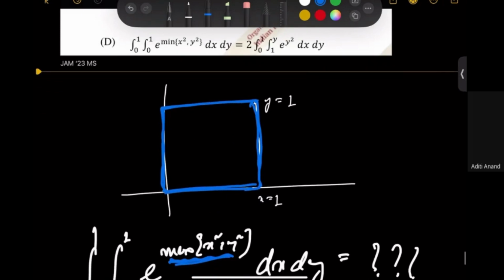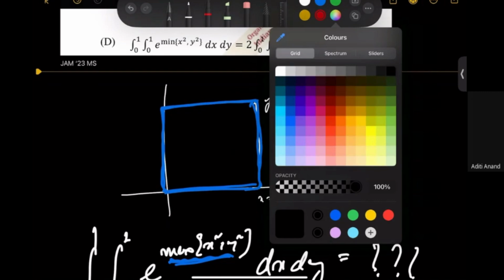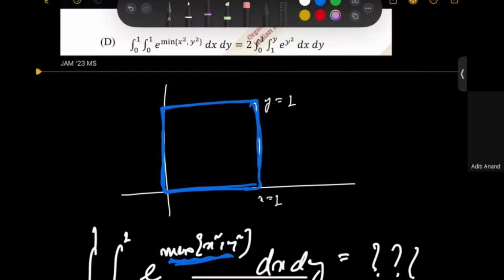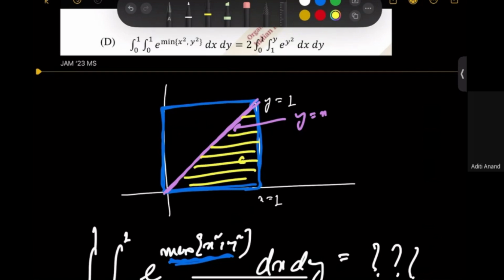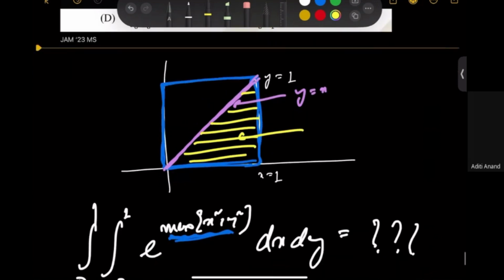If you look at this, this line is y equal to x, or x equal to y. In this region, is it x greater than y or y greater than x? It's x greater than y.